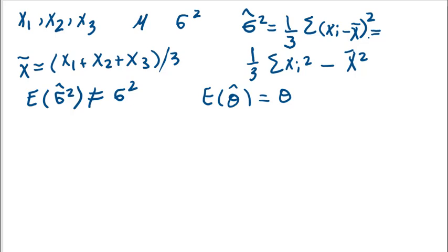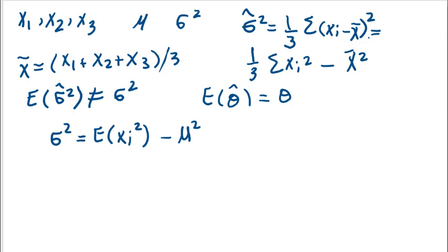Now, the first part, we know that sigma square was equal to expected xi squared minus mu squared.